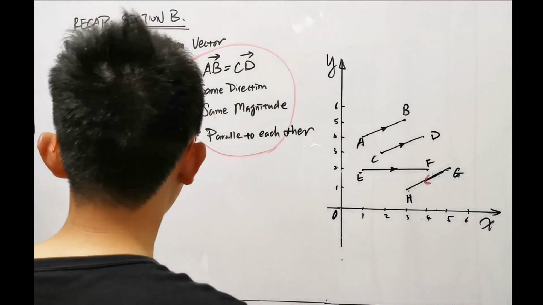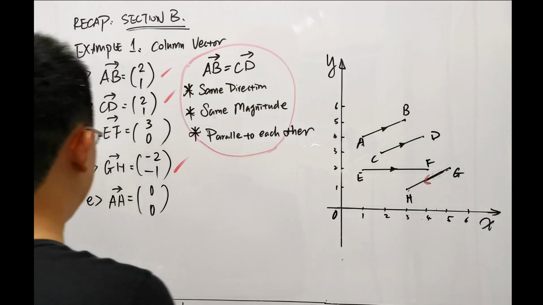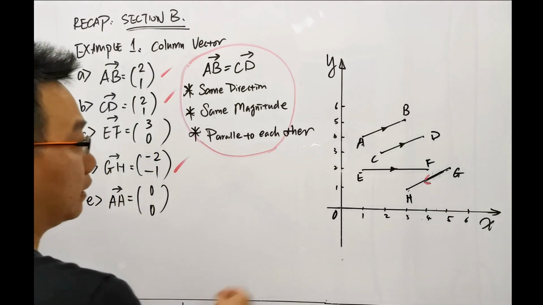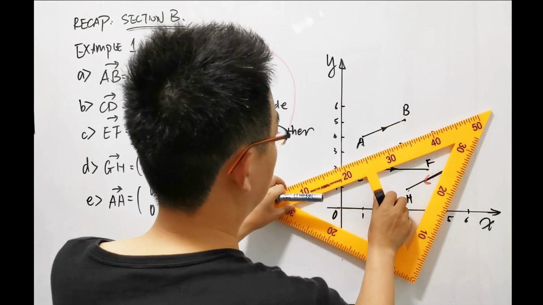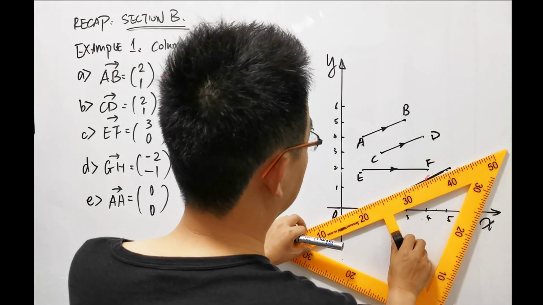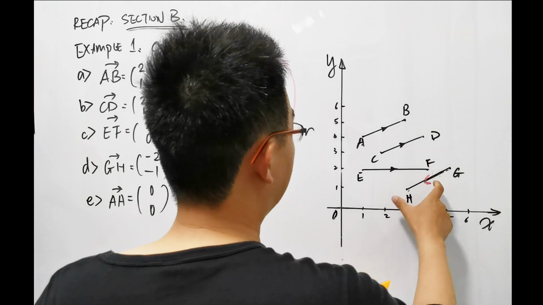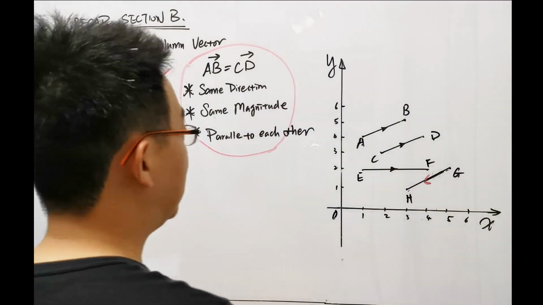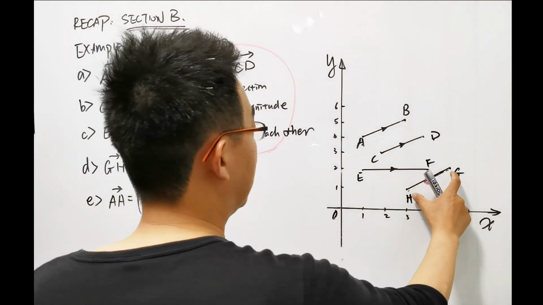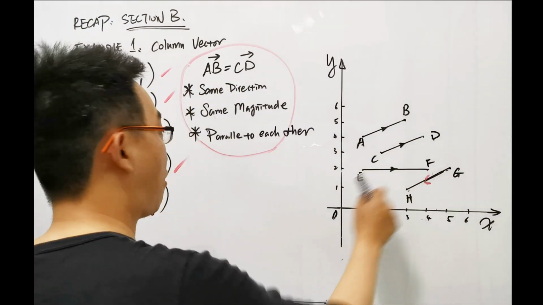Okay, let's look at the next one. How about GH? GH basically is also parallel. Of course, my drawing is not that good, but they are parallel, but in a different direction, right? But they have one thing the same. Their magnitude is the same, but the direction is different.